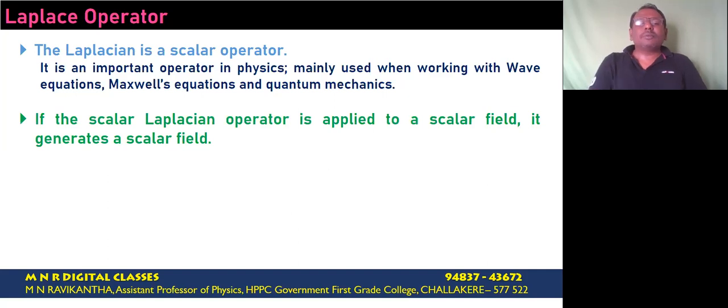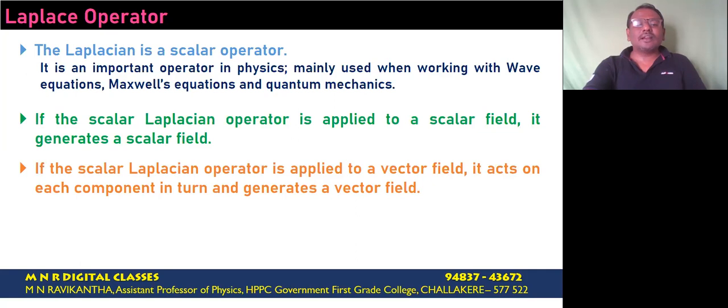If the scalar Laplacian operator is applied to a scalar field, it generates a scalar field, and it is obtained by taking the divergence of the gradient of a scalar field. When the scalar Laplacian operator is applied to a vector field, it acts on each component in turn and generates a vector field.